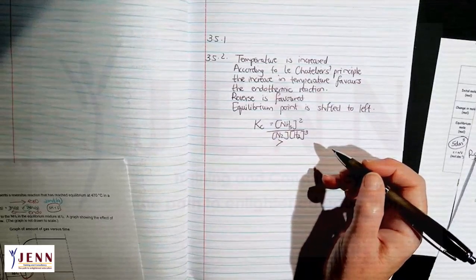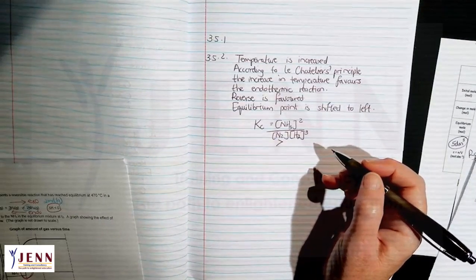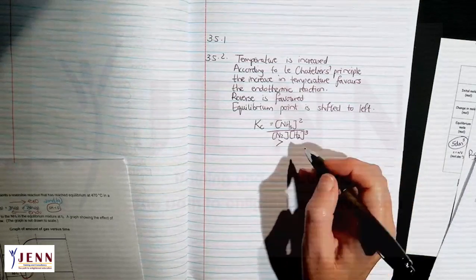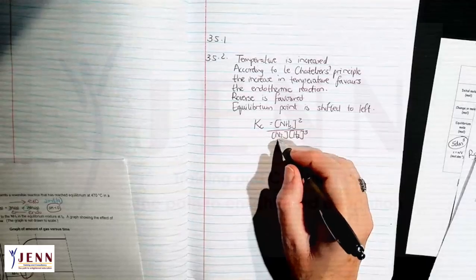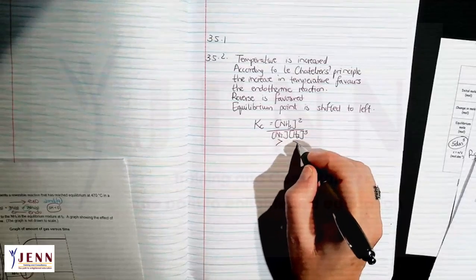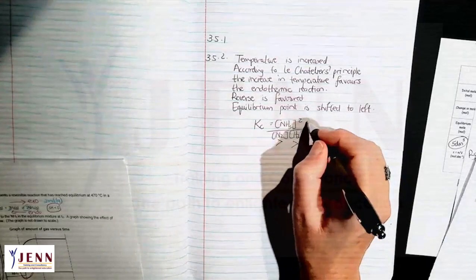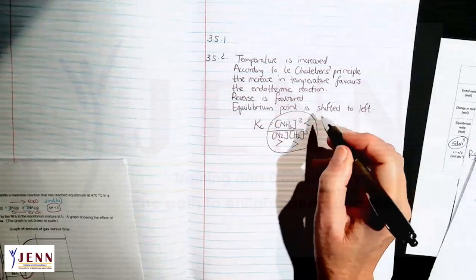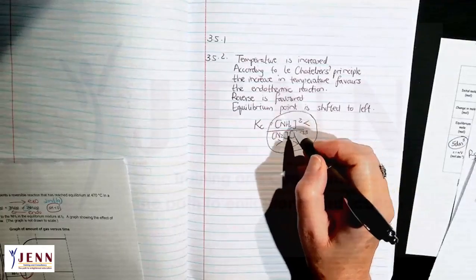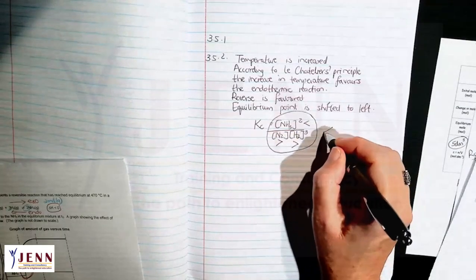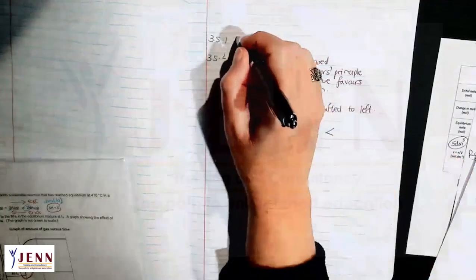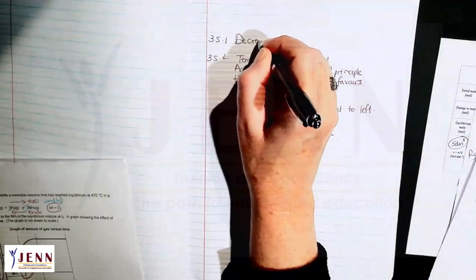Again, I didn't change the volume, so that means what will happen to the mole will happen to the concentration as well. So the N2 will increase, the H2 will increase, but the NH3 will decrease. So in total, I have less at the top divided by a bigger number, so that becomes smaller. So then my answer at the top will be decrease.